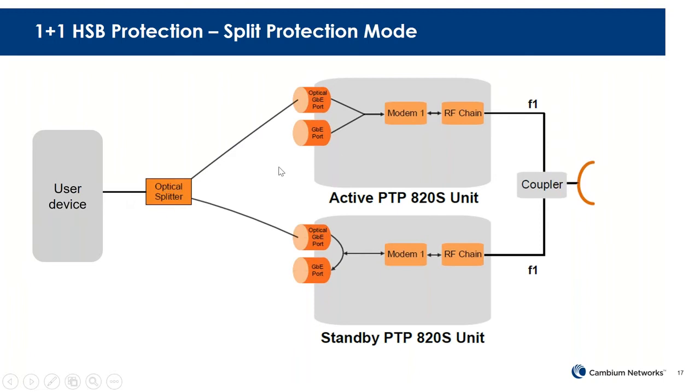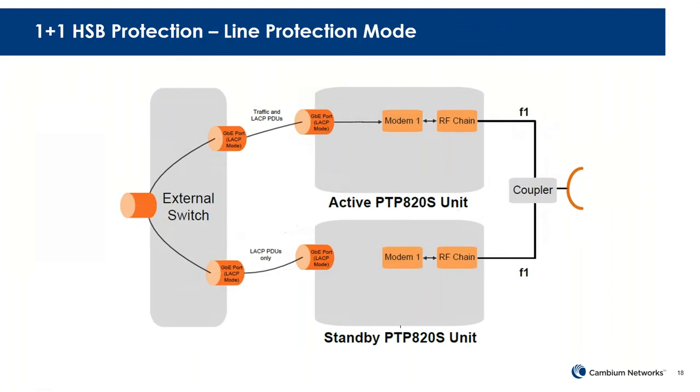And you can see that here you use a coupler to combine the radio ports. Of course you want to use the main side of the coupler for the active unit and the standby side for the standby unit. Okay, so that's the 1+1 hot standby protection with split mode.